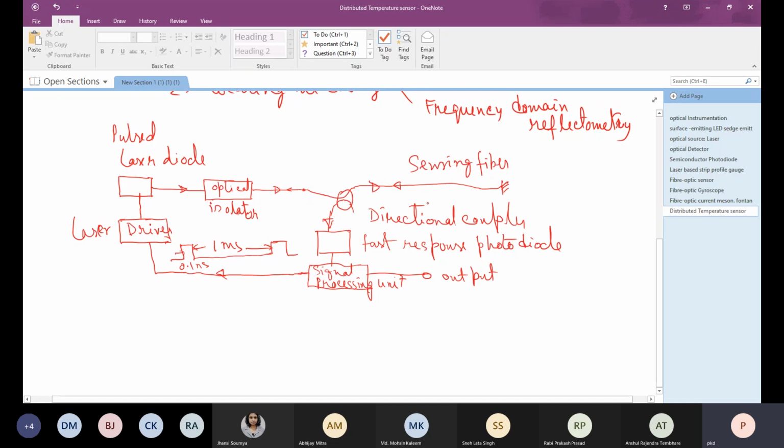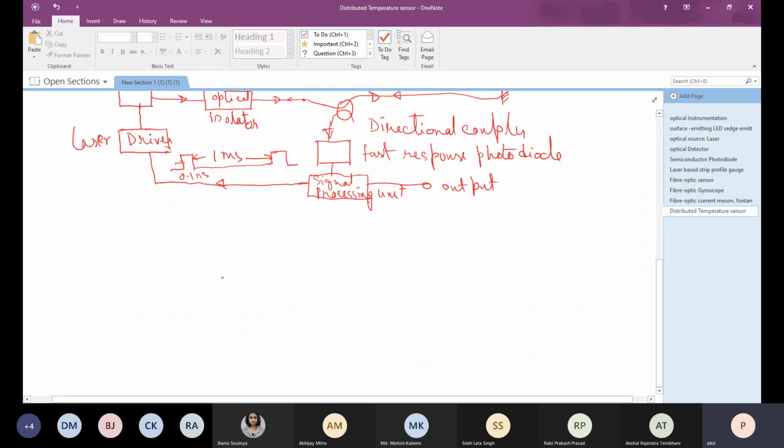So therefore, some kind of coating is put on top of this sensing fiber and then it is put inside the cable. So the cable is a metal cable and the backscattered component or its absorption varies with temperature. So that is coded in terms of the space.